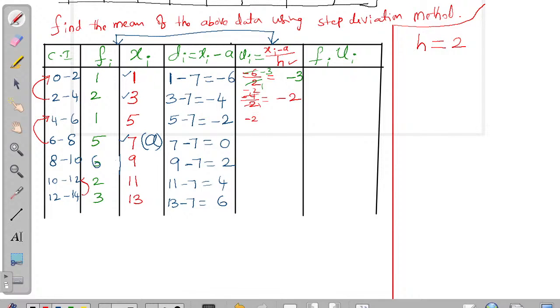Here minus 2 by 2, 2 ones are 2, minus 1. 0 by 2 means 0. If you divide 0 by any number, the answer is 0. Here 2 by h value 2, 2 ones are 2, so answer is plus 1. 4 by 2, 2 twos are 4, answer is 2. 6 by 2, 2 threes are 6, answer is 3.